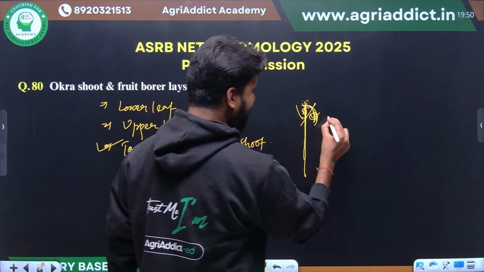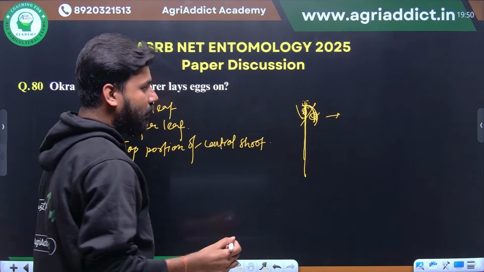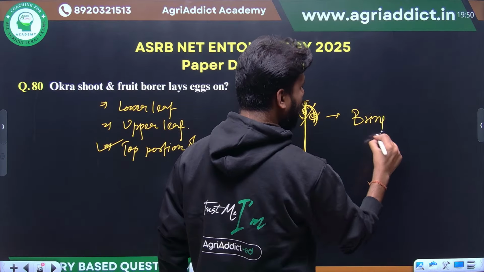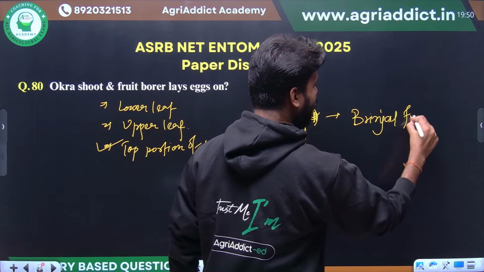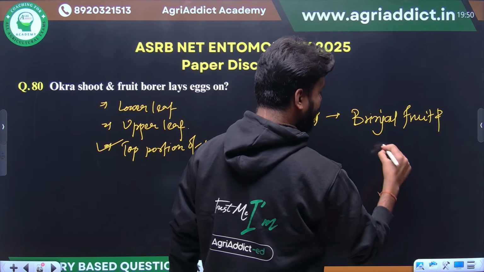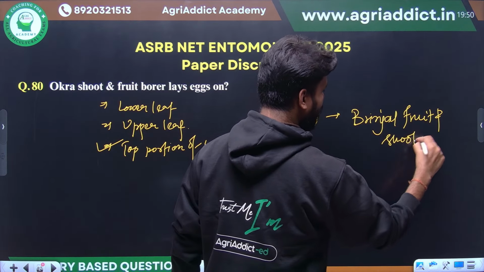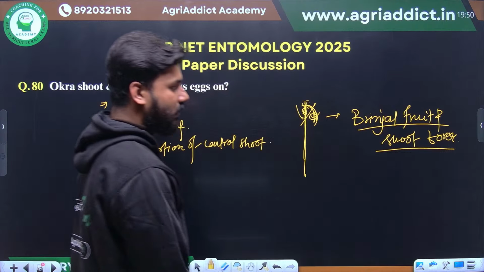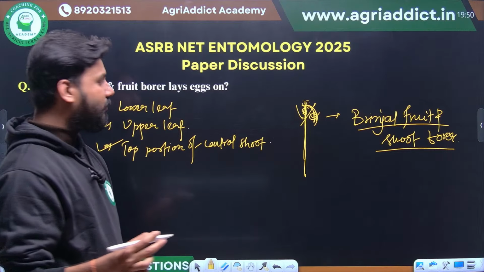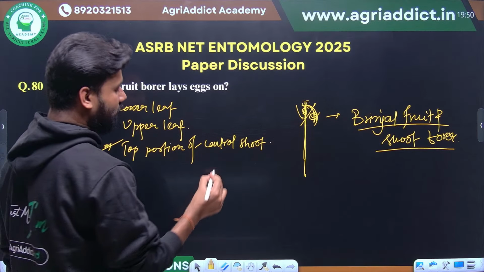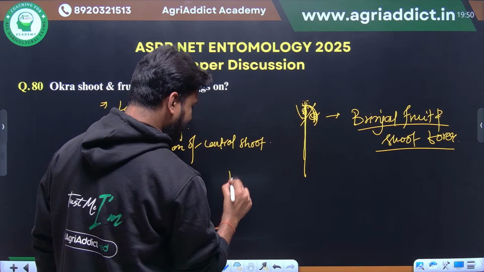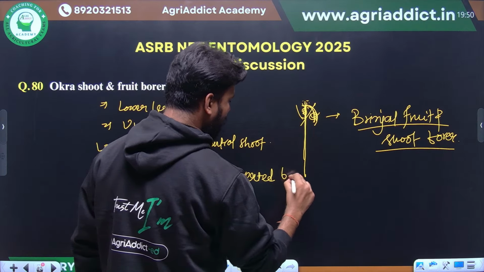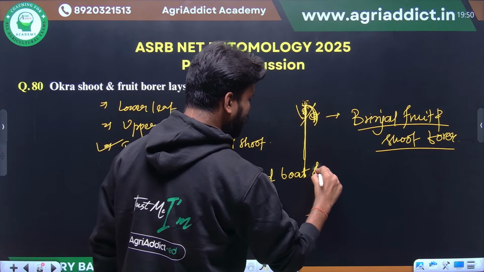The same feeding is seen in the case of brinjal fruit and shoot borer. This is a very important pest of brinjal. And one important question about these two pests is they both make an inverted boat-shaped cocoon.